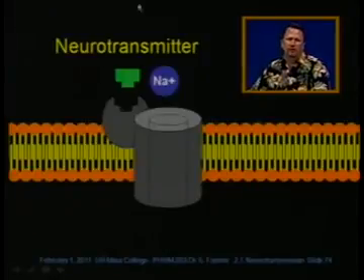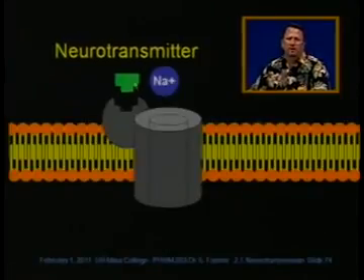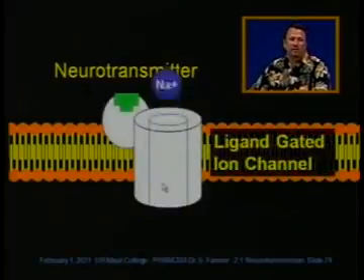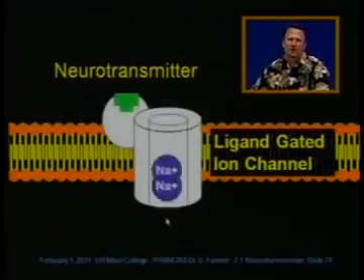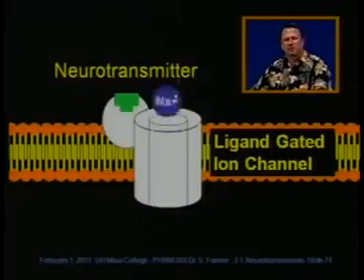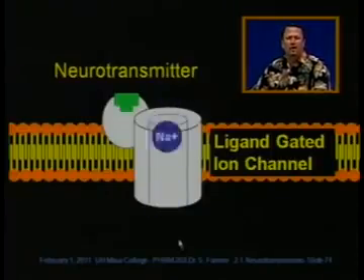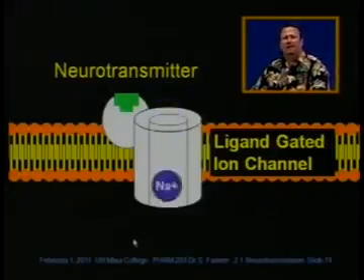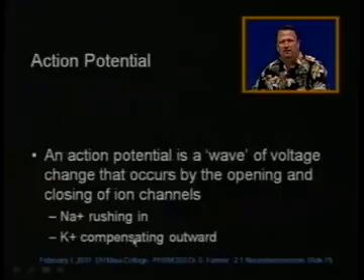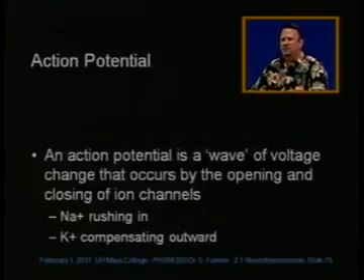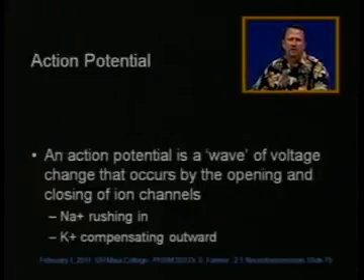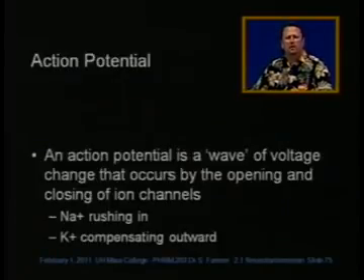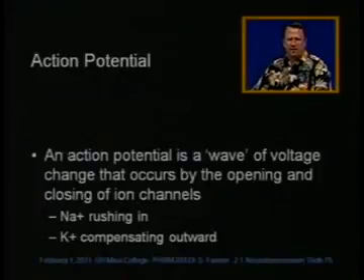And I've shown you this before. When the neurotransmitter comes in contact with its receptor, it opens a channel, a sodium channel, and allows sodium to come in. By moving the positive charge across the membrane, we change the voltage across the membrane, and that is how an action potential occurs. So an action potential is a wave of voltage change that occurs by opening and closing these ion channels.